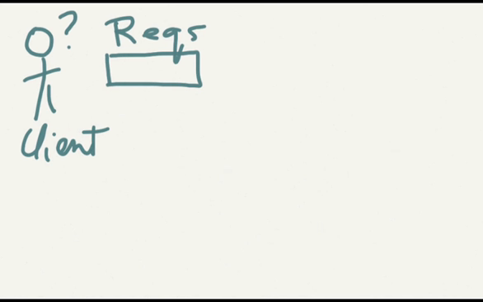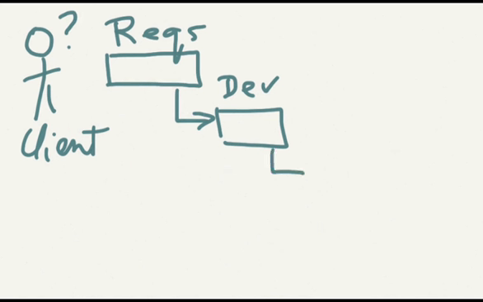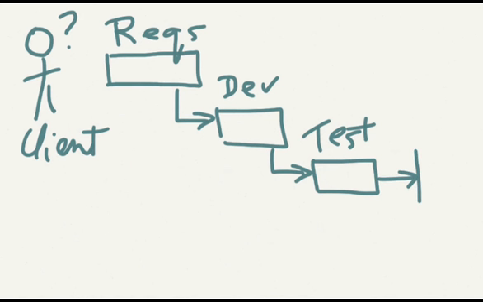Taking that complete picture, you would then design and develop the software. And once the software development has been completed, you put it through some sort of quality assurance and testing process. And then once that was completed, the product could be shipped and everyone would be happy.